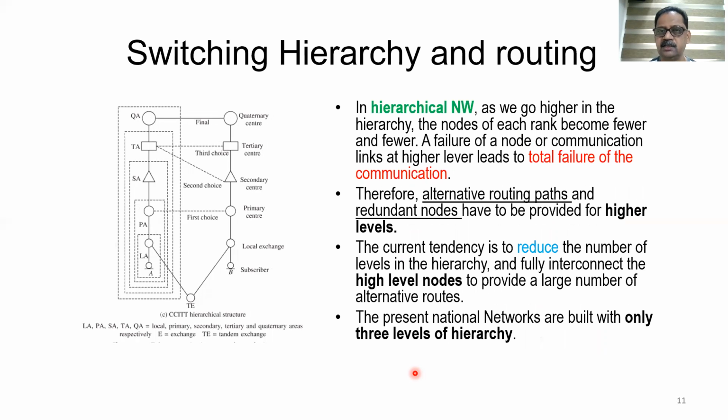Further, we will look into hierarchical routing, the pros and cons. In a hierarchical network, as we go higher in the hierarchy, the nodes of each rank become fewer and fewer. A failure of a node or communication links at a higher level leads to total failure of the communication. Suppose you go to the tertiary center, which for understanding we consider as the main trunk automatic exchange at state level.